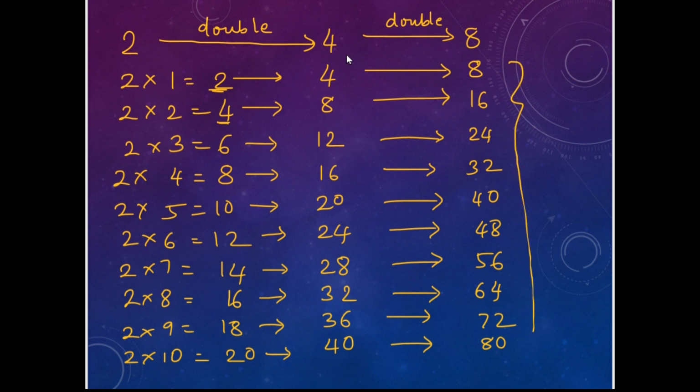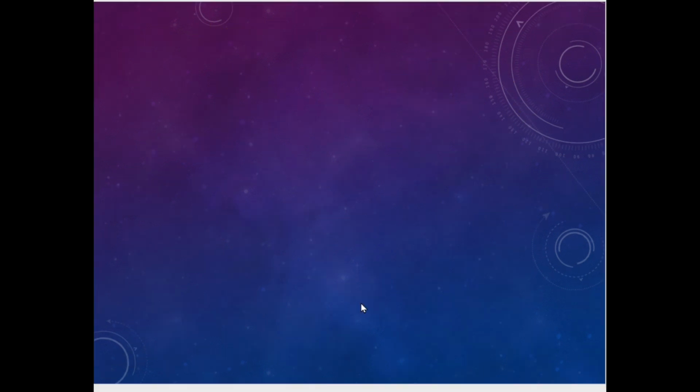This is how I use the double strategy to form the table of 8. Easy? Right? You all can try this to form the table of 16, as 16 is a double of 8. So you all might say that it is easy when we have doubles, right?